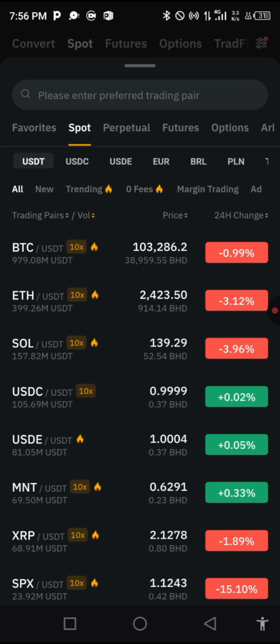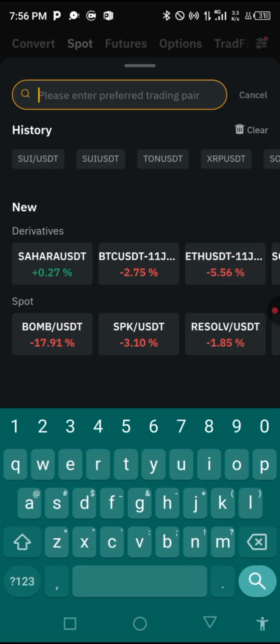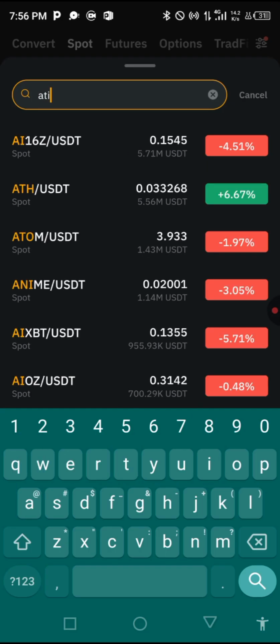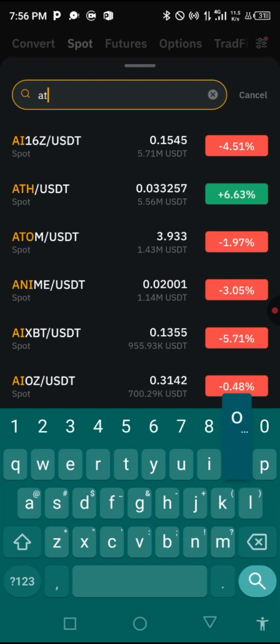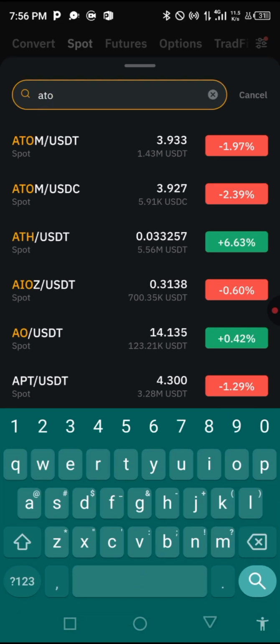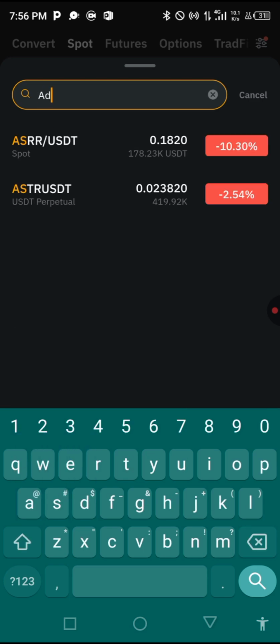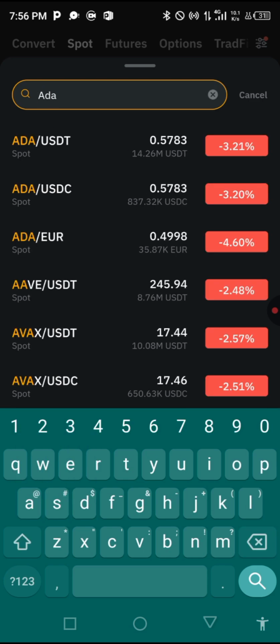Or Atom. Let me check the price of Atom. So the price of Atom currently is actually 3.9. Okay, so let's go with ADA. Let's get some ADA and keep.